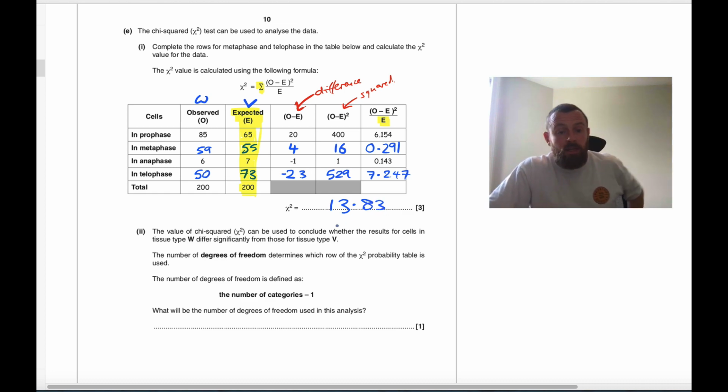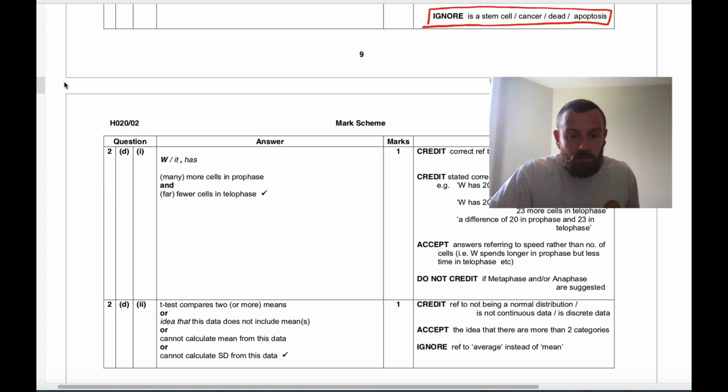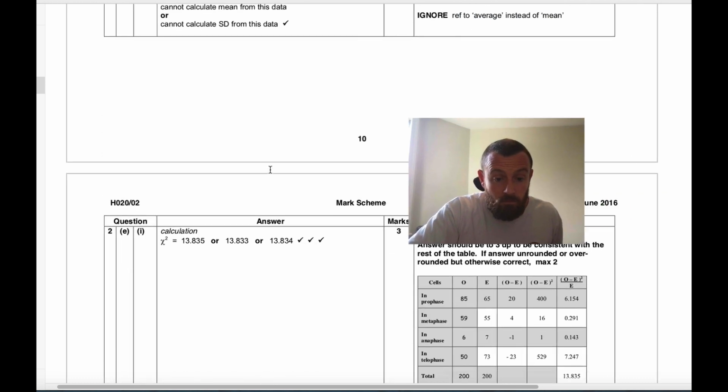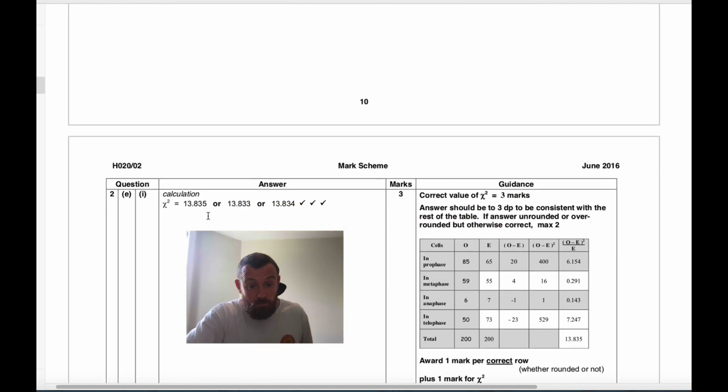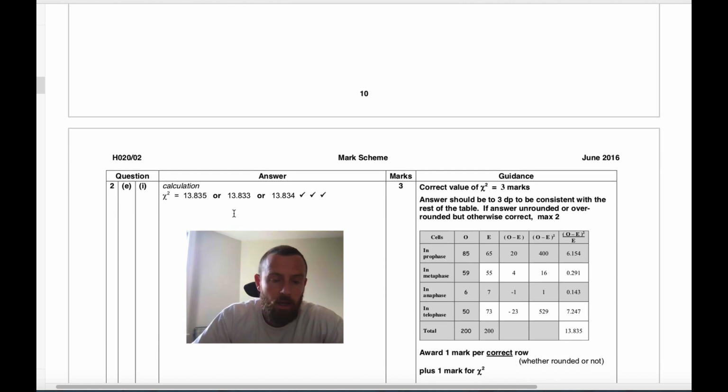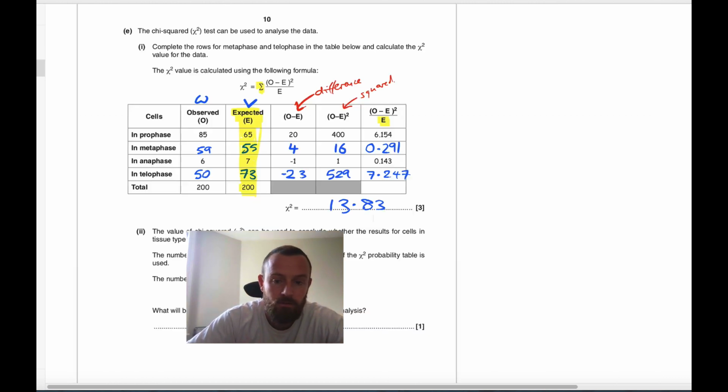To 2 decimal places. Let's check that that is correct. Yes. Oh, I lose a mark. Okay, I went to 2 decimal places. Silly. I should have kept it to 3. The answer should be 3 decimal places to be consistent with the rest of the table. I was doing that with my working, but then I got slack.